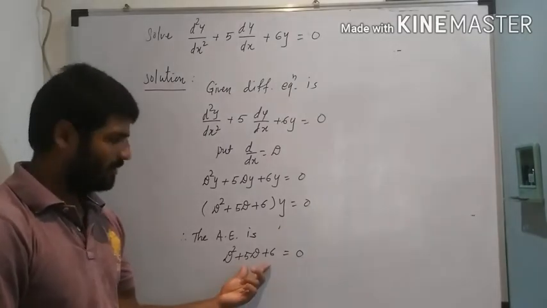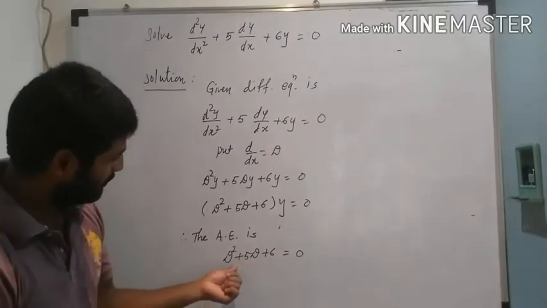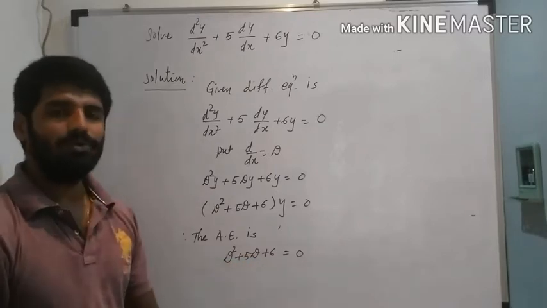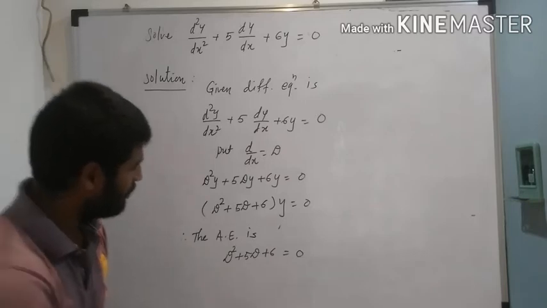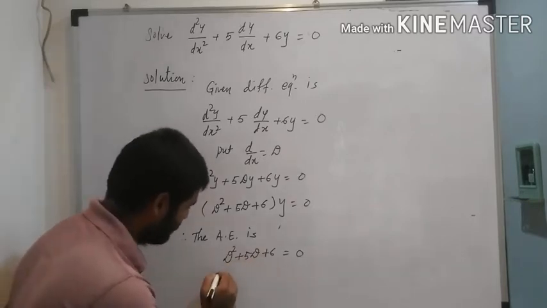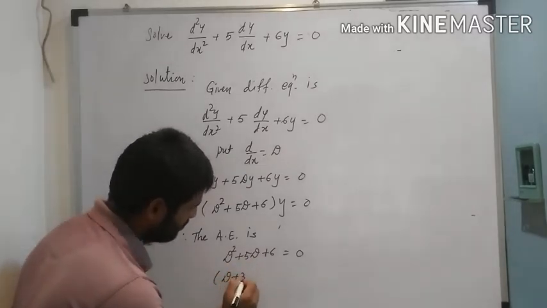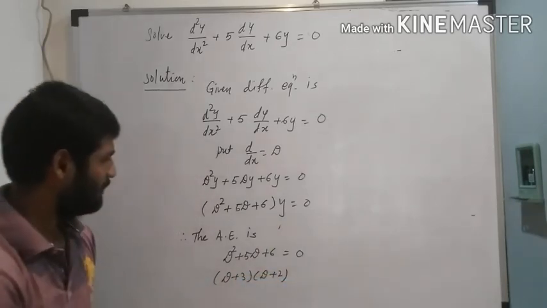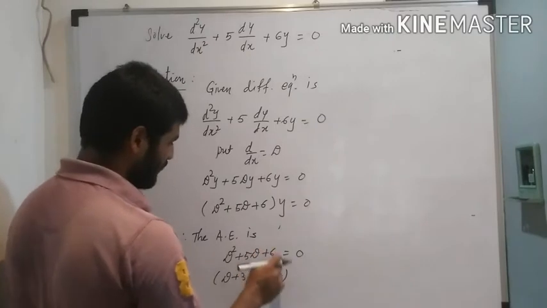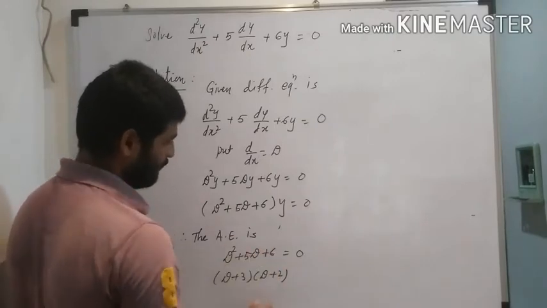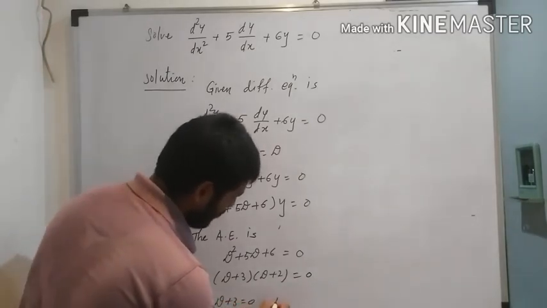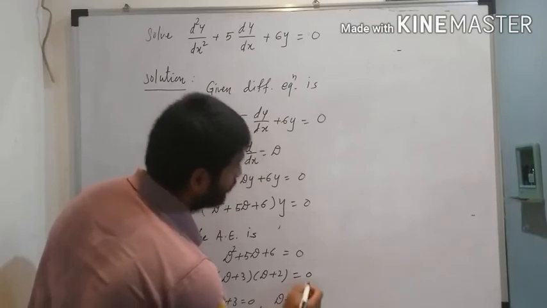If we observe, this is a quadratic equation in capital D. So we know how to solve a quadratic equation and find the roots. This can be written as (D plus 3) and (D plus 2). So these are the linear factors: 3 twos are 6, and 3 plus 2 is 5, equal to 0. Therefore D plus 3 equal to 0 and D plus 2 equal to 0.